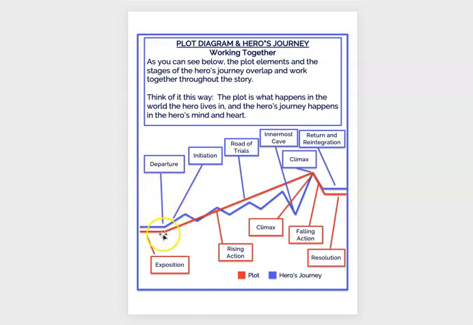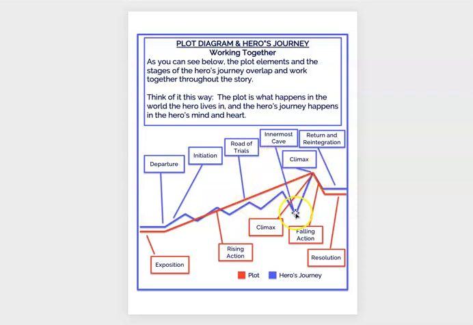And then the departure kind of comes in here, and some people would add conflict here, but yes, the departure happens right when the conflict is introduced. And then the initiation is sort of the beginning of the road of trials, and then all these jagged ups and downs are meant to show that the road of trials is not always a straight shot to the top.